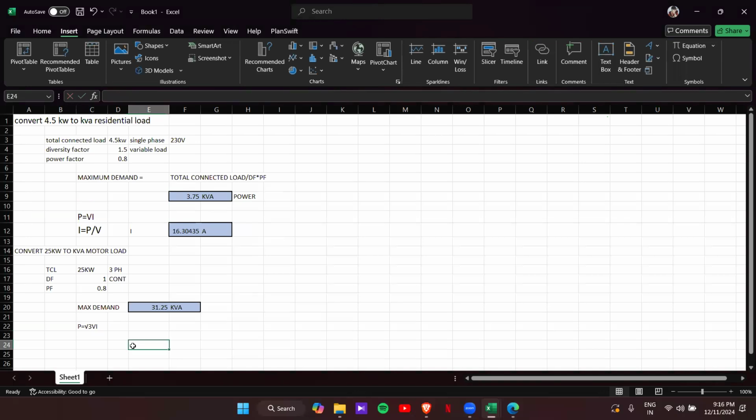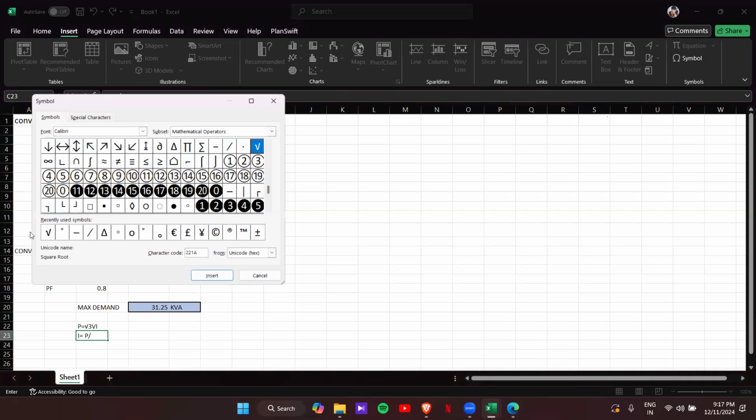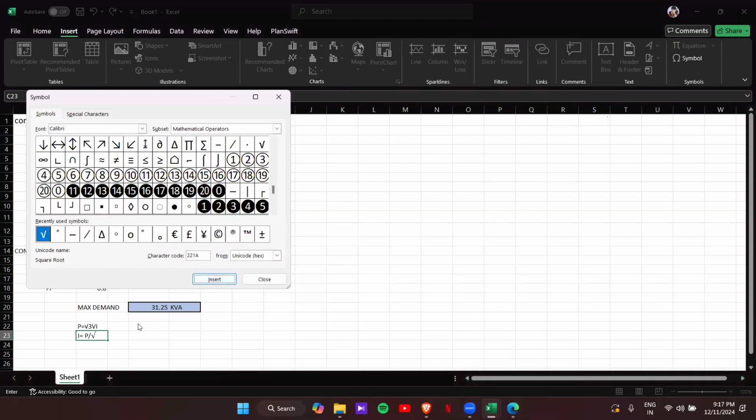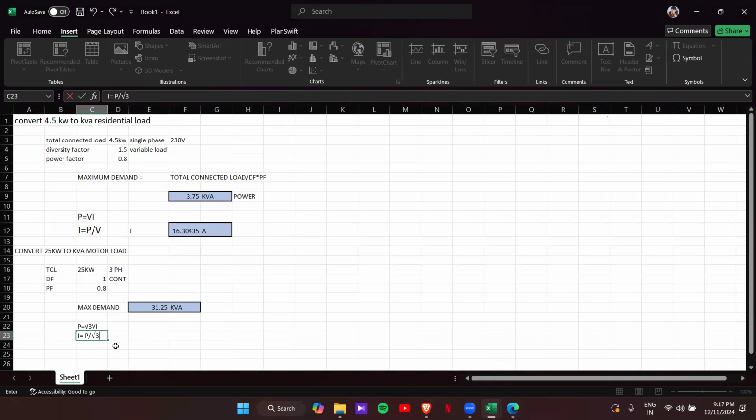Root 3 means 1.732 itself, so you can add that for calculation, or simply add root 3 also, no issues. So the equation is P equals root 3 VI, and I is equal to P by root 3 V. So that's the equation for the current rating.